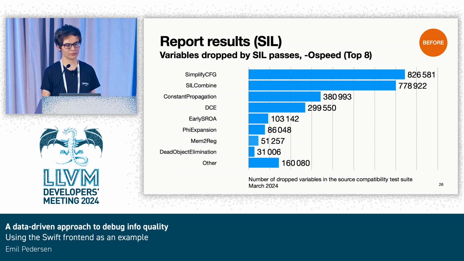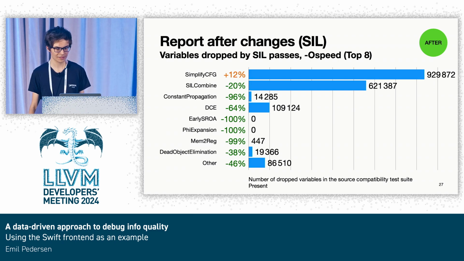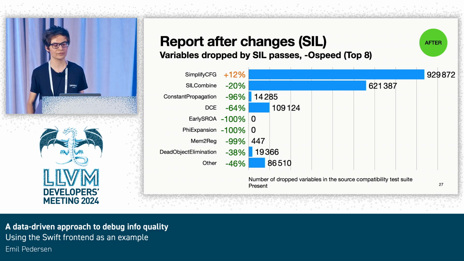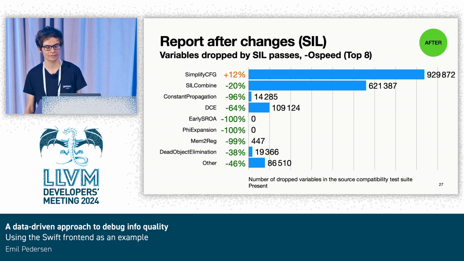So if you remember, that's what the report looked like for optimized code before investigating issues and fixing them. That's what it looks like now. Simplify CFG is now dropping 12% more variables because they aren't dropped by earlier passes, but overall we're dropping 35% fewer variables, from 2.7 million in total to 1.8 million.